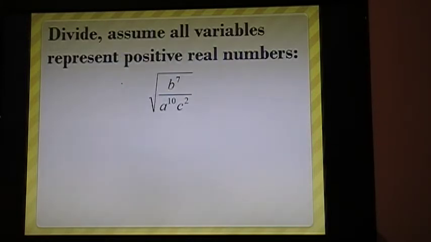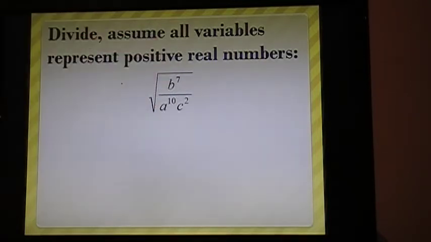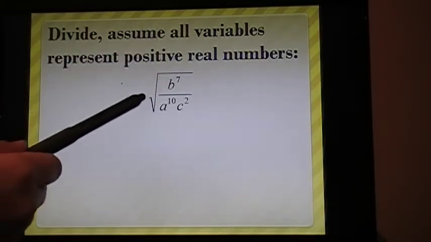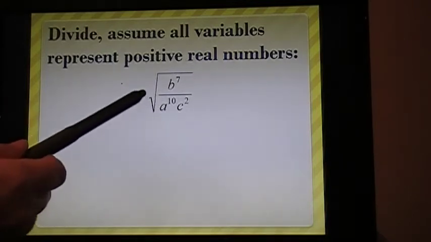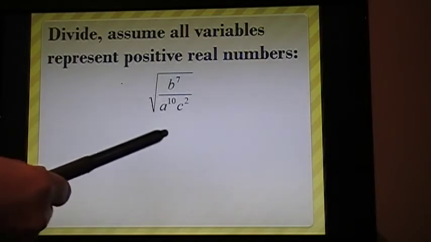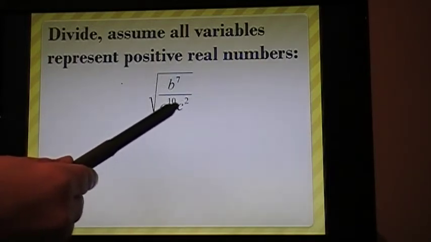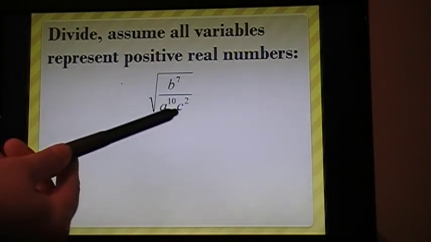Next one, divide. Assume all variables represent positive real numbers, again, so that we can use that division rule. Here I have a single fraction, and it's only beneficial to have this single fraction if what I have inside is a fraction that will reduce. B to the 7th over a to the 10th c to the 2nd, I cannot reduce that fraction.